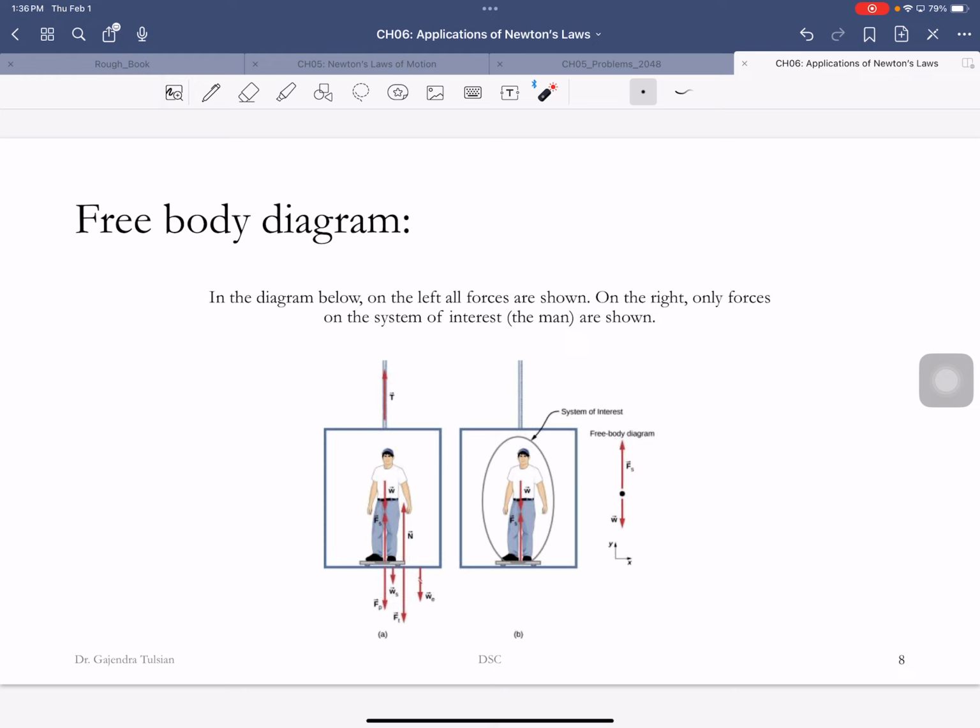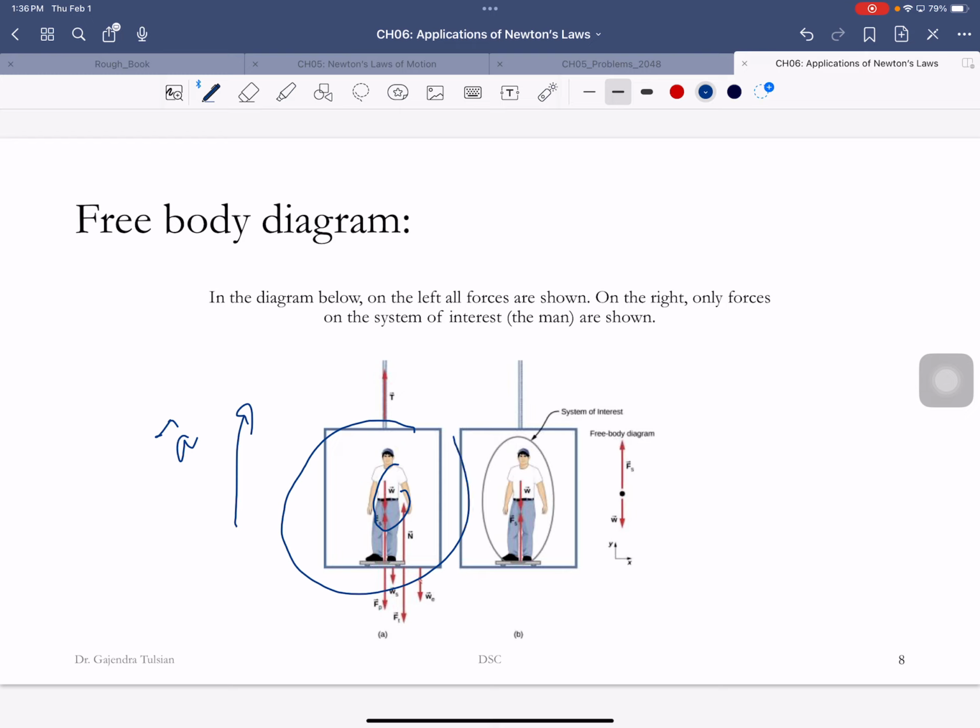Now, the free body diagram we apply to whatever object it is that's moving. So here's the situation. Let's say here's an elevator, and the elevator is accelerating in that direction. You could consider the motion of the person, or the motion of the whole elevator, whatever it is that you want to consider.